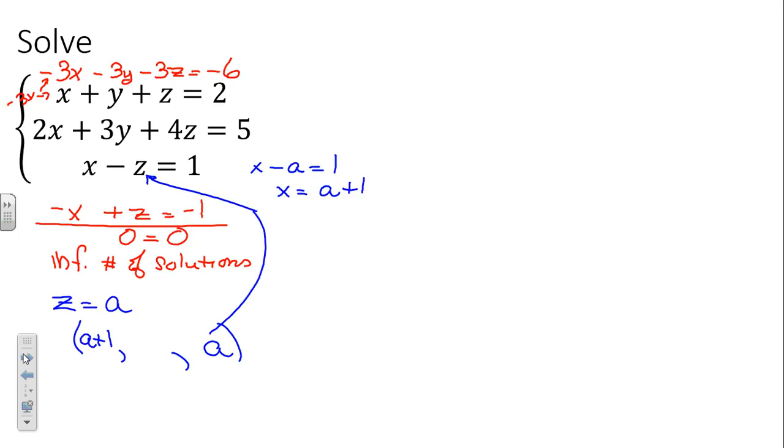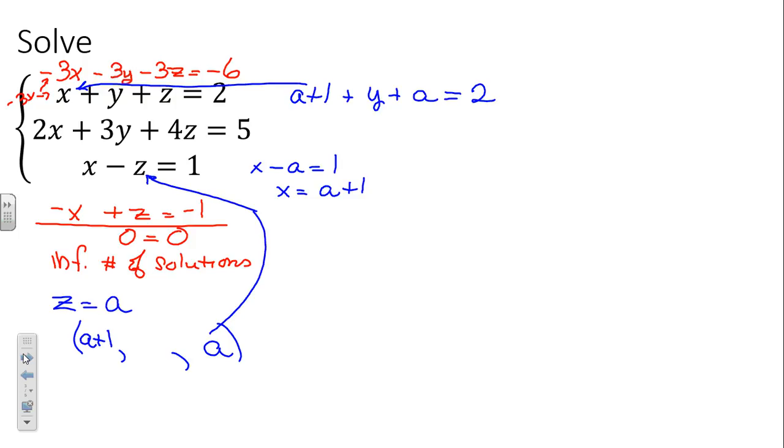So now that we know what x is and what z is, let's plug it into any of the equations. I'm going to say the top one's probably going to be the easiest. So we're plugging a plus 1 in for x, plus y, we don't know what y is, plus we're plugging in a for z, and we're setting that equal to 2.